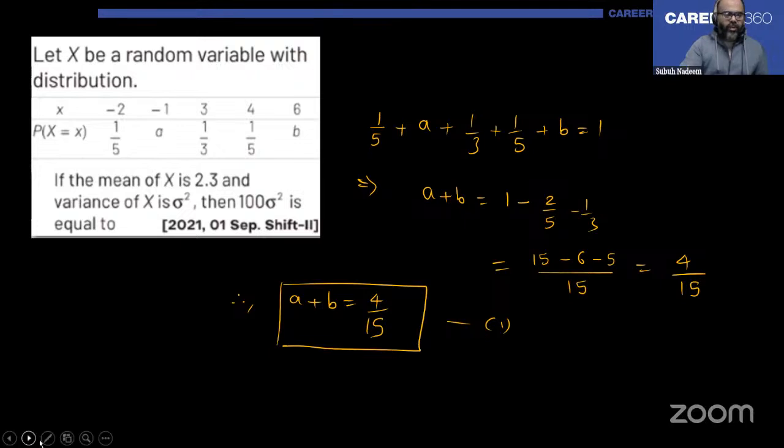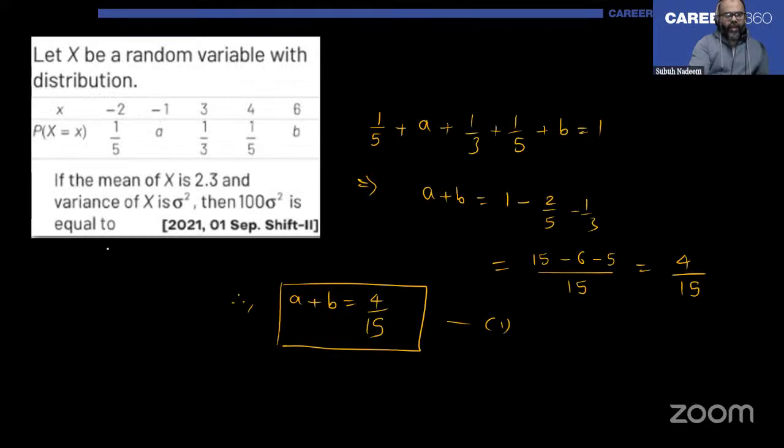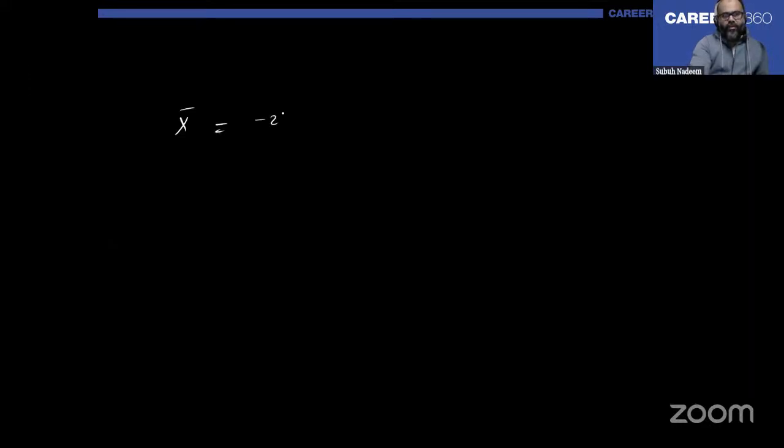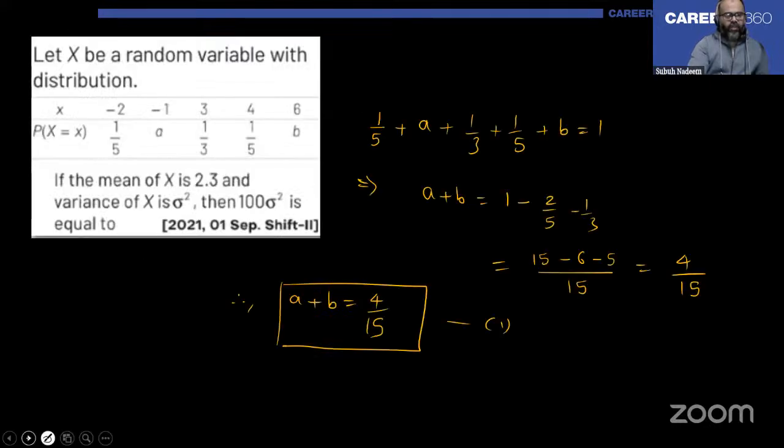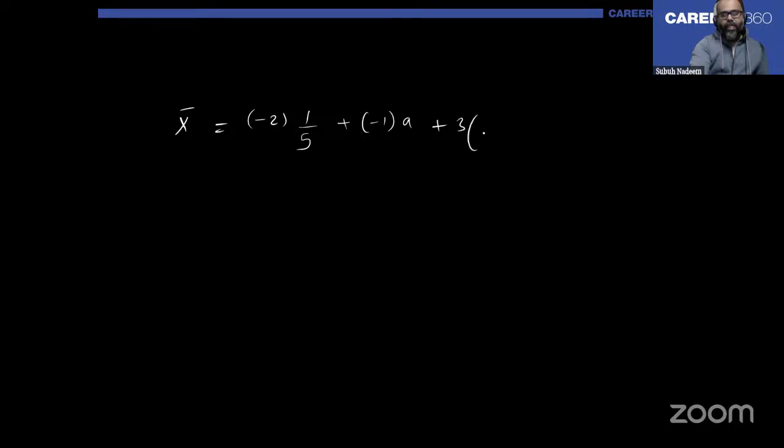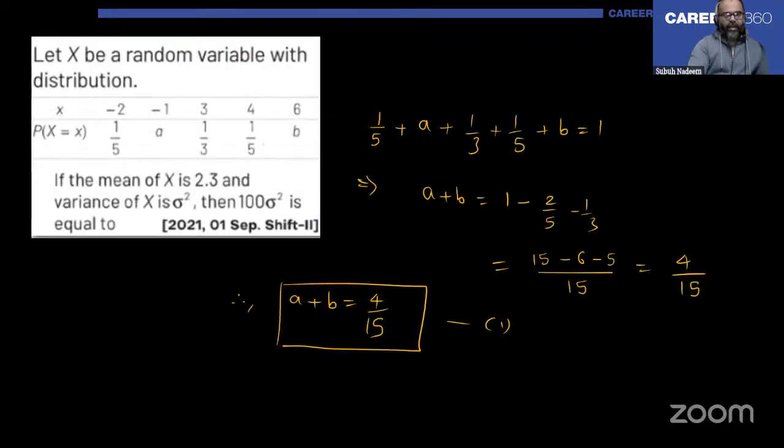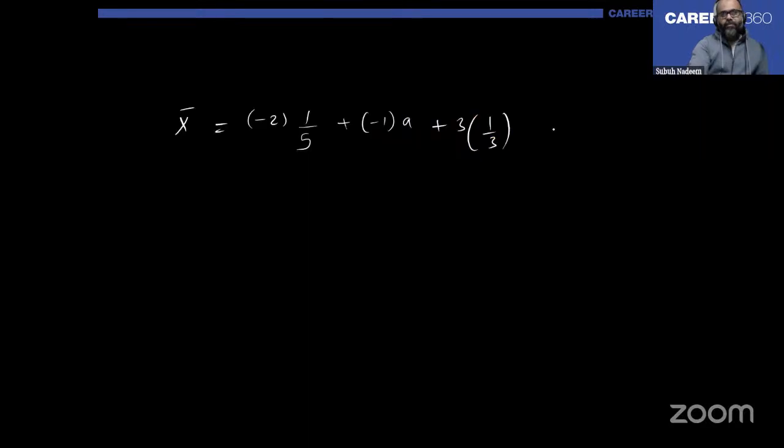अब हम दूसरा रिलेशन पाएंगे। दूसरे रिलेशन के लिए, मीन जो दिया हुआ है वो 2.3 है, तो मीन इज इक्वल टू -2 into 1/5, this is the value and this is its probability, then -1 into a, and then 3 into 1/3, and then 4 into 1/5, and then 6 into b.